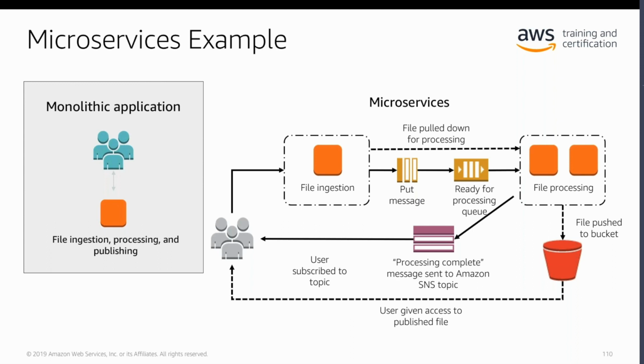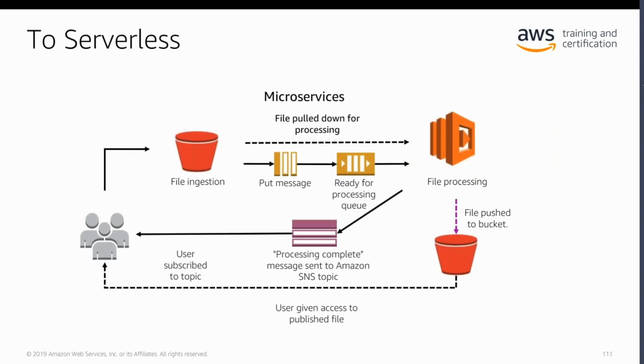And then maybe we even go a step further and go on to serverless. Have the user upload the file to an S3 bucket. That kicks off a queue, S3 puts a message into the queue, and we launch a Lambda function that processes the file and pushes the processed file into a bucket that launches a notification topic that sends the notification back to the user that the processing is complete.